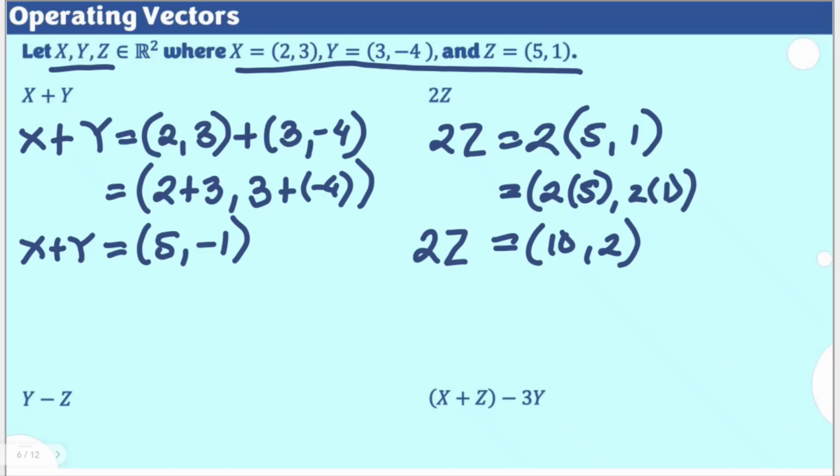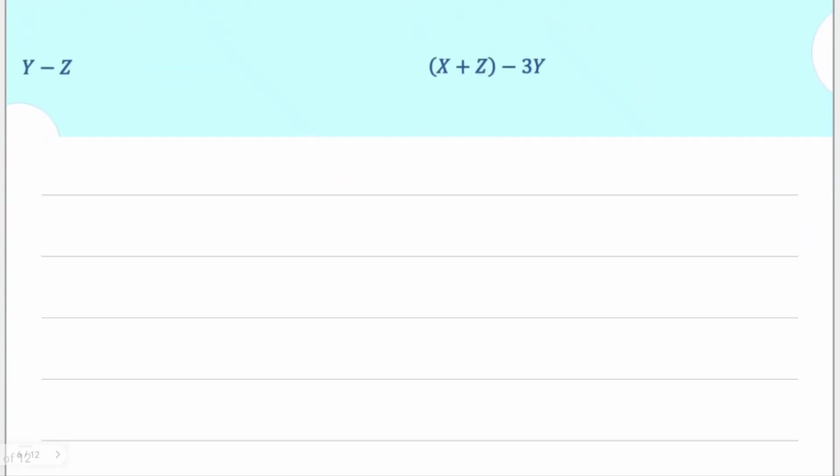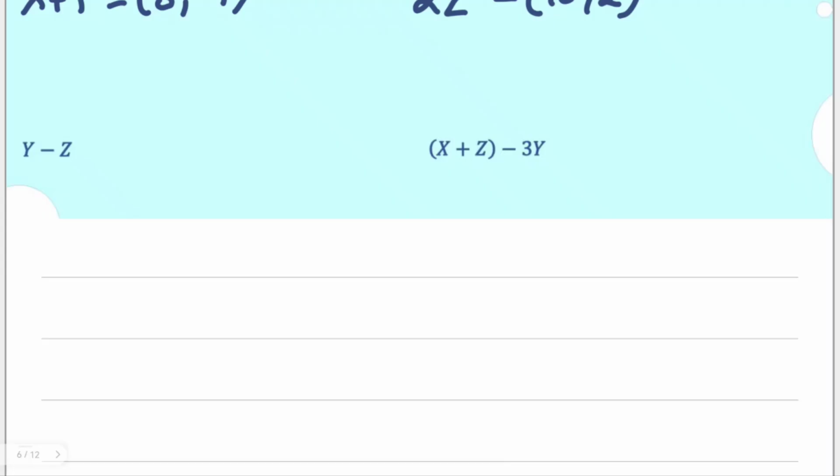Now, let's proceed to y minus z. For y minus z, this may not look like addition, but of course, you can always rewrite that as y plus negative z. That's one of the things that we can apply here, so that we can really work on the addition itself, because there's no vector subtraction.